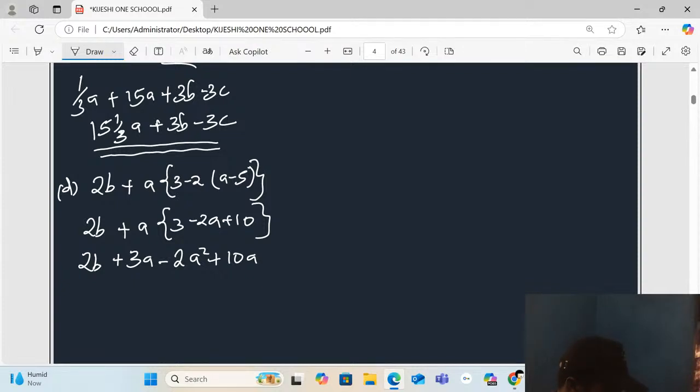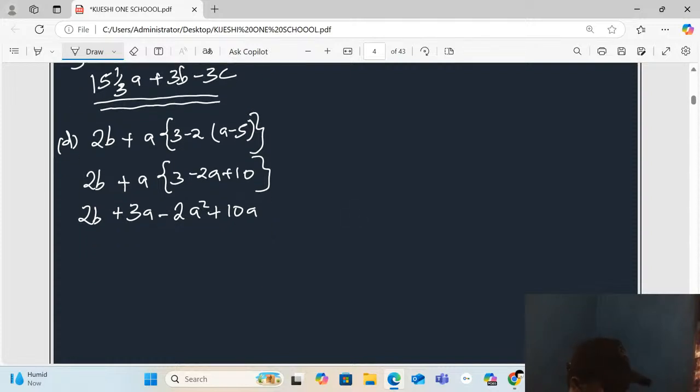Then we collect the like terms together now. So you're having 2b, it's alone. Then we have 3a and 10a. You have to collect them, but 2a squared is not the same as a. Therefore, we're going to collect 3a plus 10a, then we're going to get 13a.